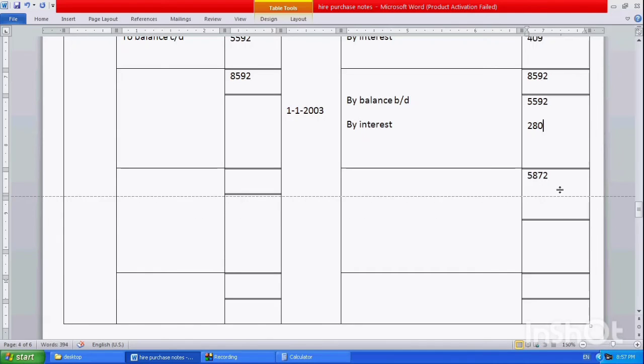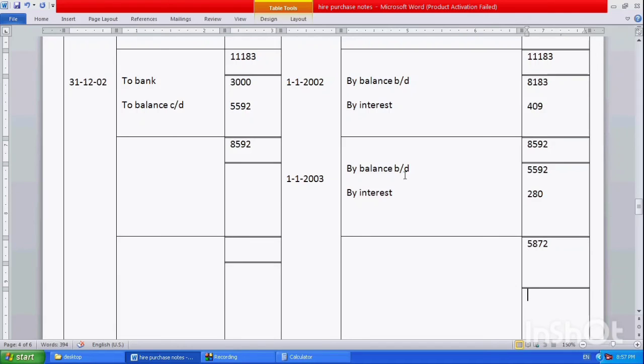Okay, just wait, I'm making it. Here you can write the closing, 31st December 2003. By bank, the final installment.